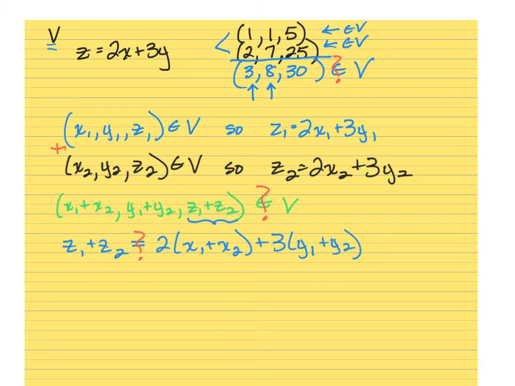That's the question. Does that equality hold? If so, then it is an element of V. Okay, so let's play around with this equation a little bit, and in particular, let's expand this. This right side is just this.